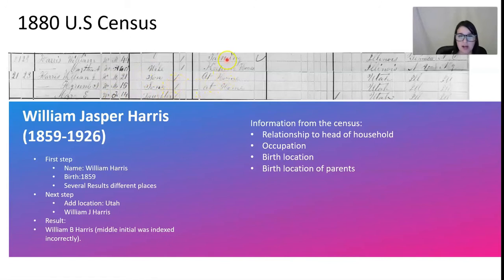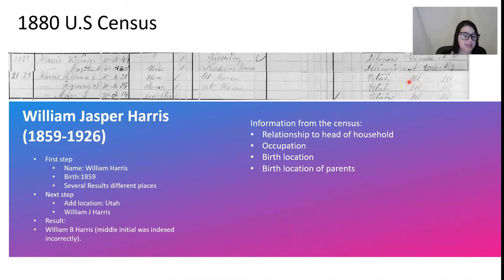And then you also have him back to farming, his father. And then she's still keeping house, and they're both at home. I also have not only the birth location of William's parents, but also the birth location of his grandparents. So I can use this information to help me find birth records or records that will support birth records that don't exist.